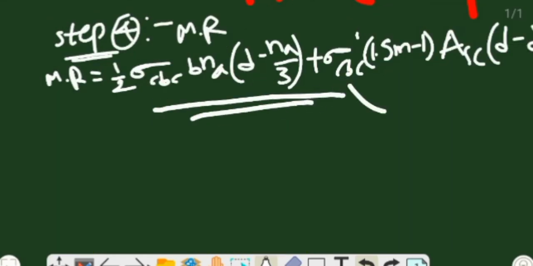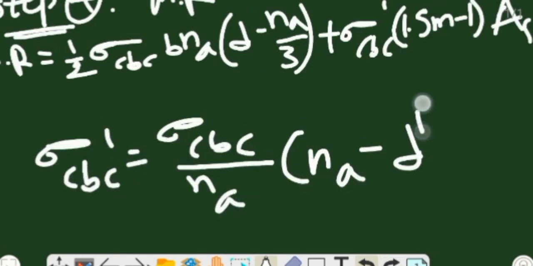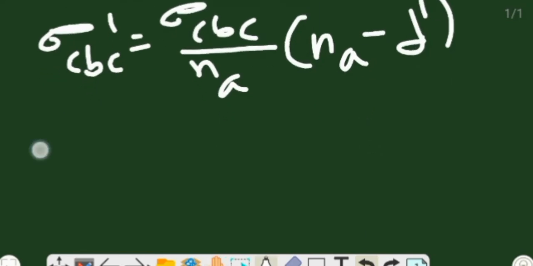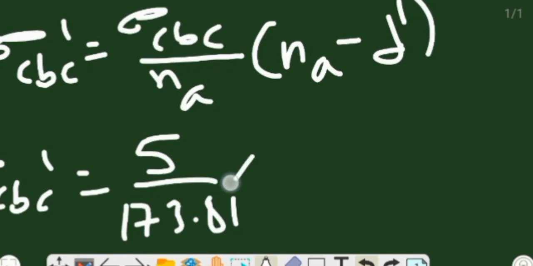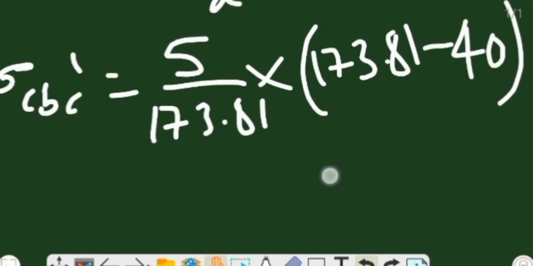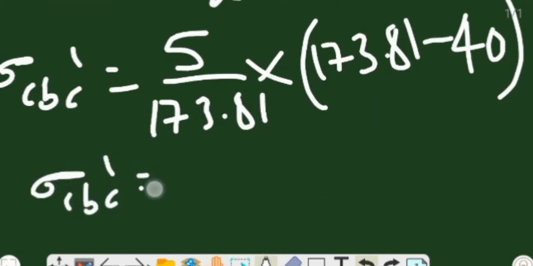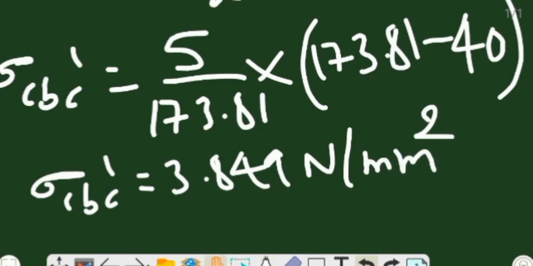In this formula we know all terms except sigma CBC dash. Sigma CBC dash equals sigma CBC by na into na minus d dash. Substitute the values: sigma CBC equals 5 by na, which is 173.81, into 173.81 minus d dash, which is 40. Then we get sigma CBC dash equal to 3.849 Newton per mm square.